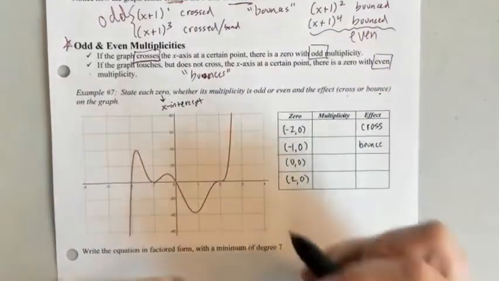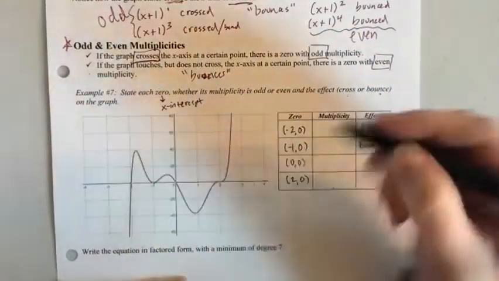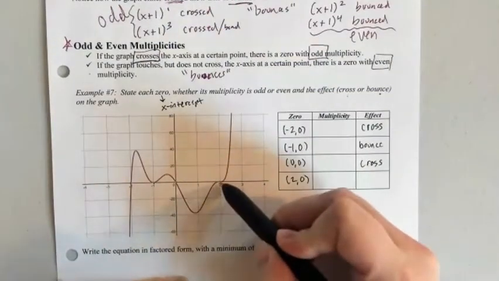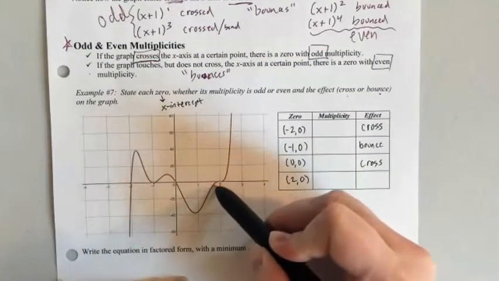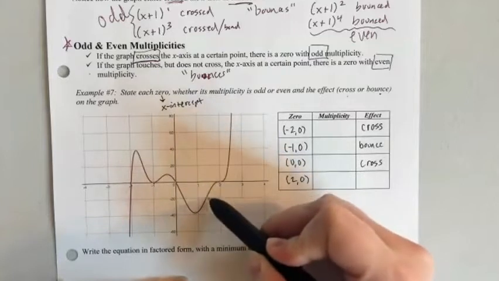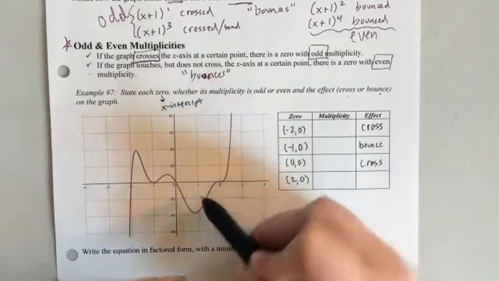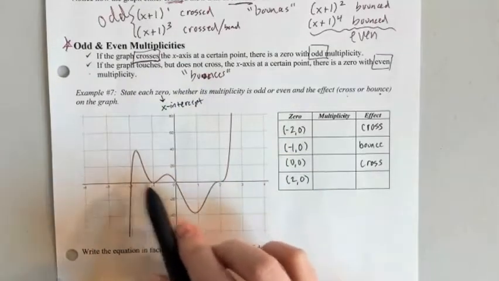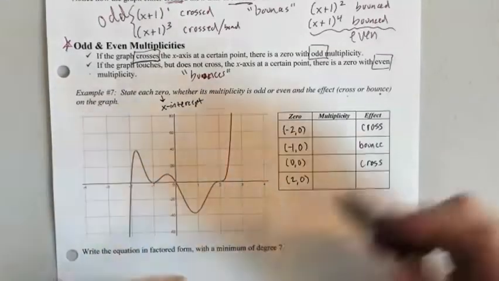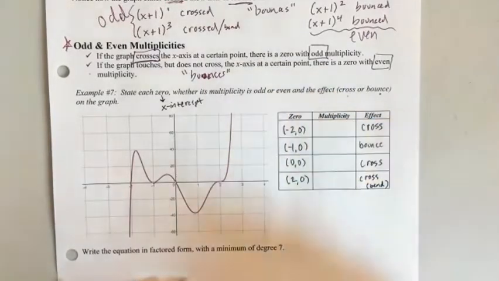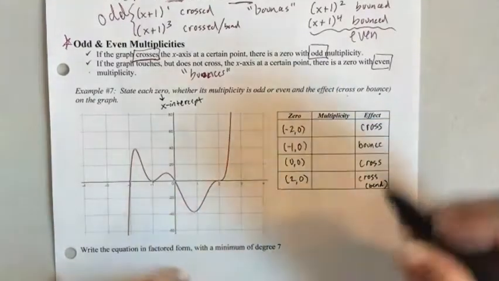So we'll call that a bounce. 0, normal cross through. And at 2, this one does cross through the x-axis. It starts on this side and ends up on this side. So this is a cross, but it's a little bit different than these two crosses here because it's also got this bend to it. So I'm going to note that. Cross with a bend there.